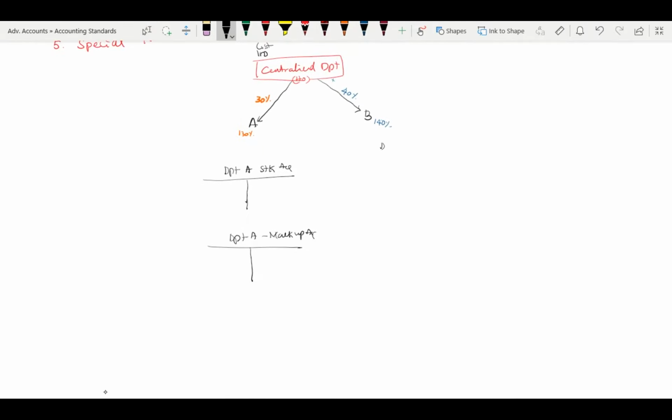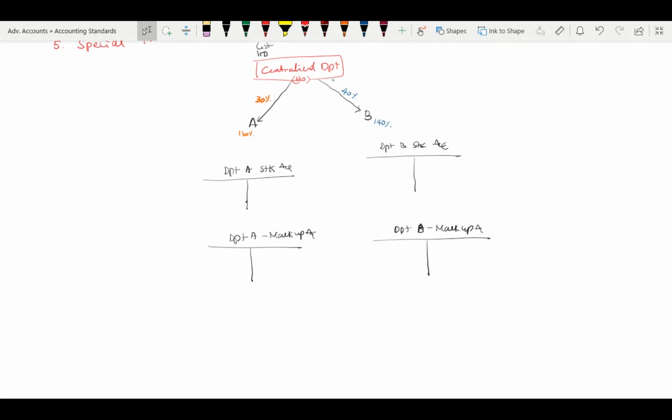Like this also, Department B stock account as well as Department B markup account I would have maintained. Yes or no? So till now, are you clear?